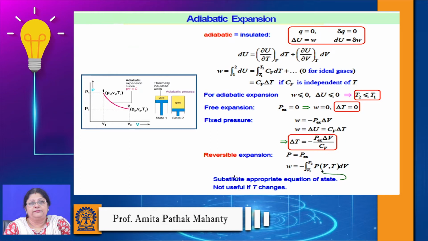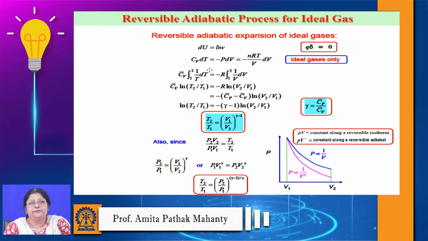What happens in a reversible process? As you say, when you are increasing the number of steps it is going to be a continuous process, as you can see here. If you visualize the adiabatic process being carried out, I have to integrate from V1 to V2. How do I do that? For a reversible process in an adiabatic system, you can write dU equal to W, because Q is equal to 0, and I can replace dU with CV dT.